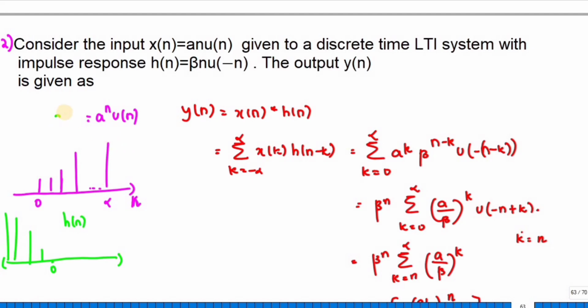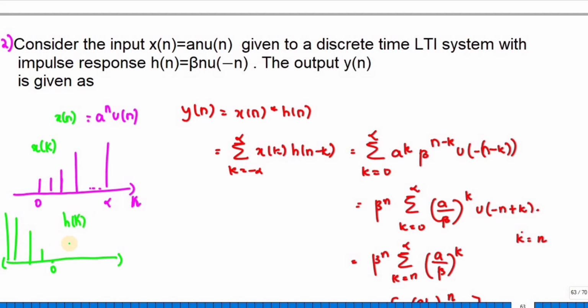Now I'm going to change this into x(k), because y(n) = x(n) convolved with h(n). The formula is the summation from k = minus infinity to infinity of x(k) h(n - k). So this is x(k), and h(k) will be like this.